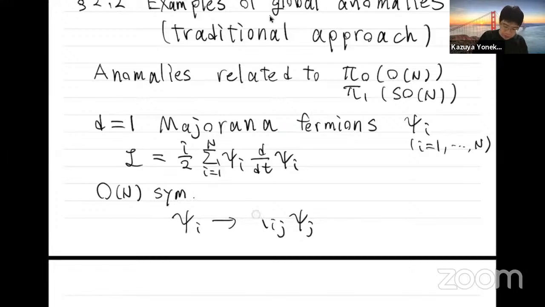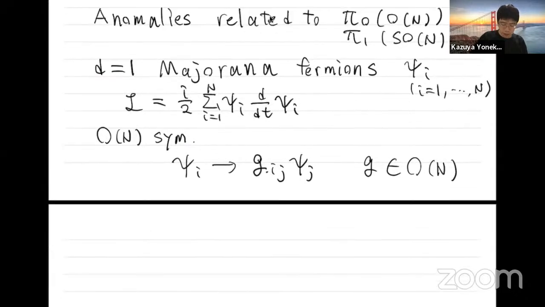Maybe it's better to write it as G. So this G is just an element of O(N). So at the classical level, this Lagrangian obviously has this symmetry described by this orthogonal group.